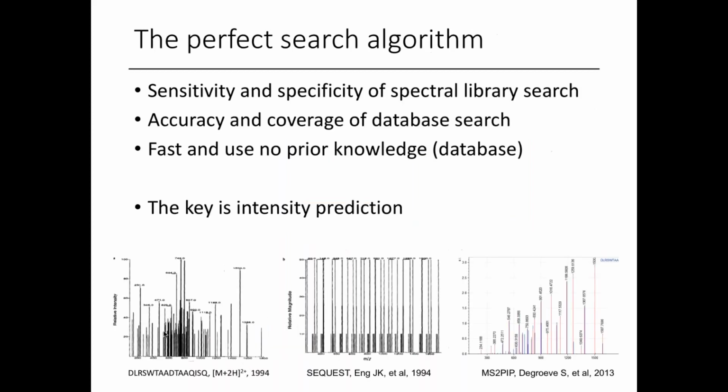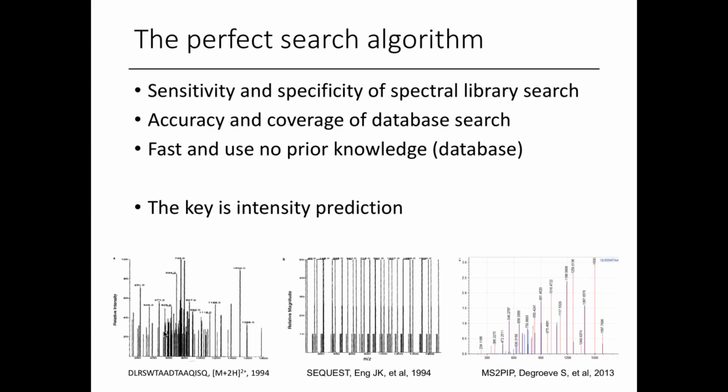Ideally, the perfect search algorithm, or peptide identification algorithm, should be very sensitive and specific. It has the sensitivity and specificity of a spectral library search, and it has the accuracy and coverage of a database search. So it can cover lots of spectra without having a huge spectral library.